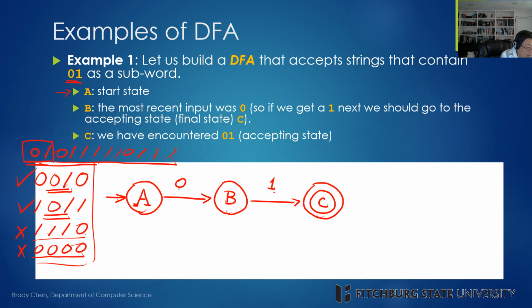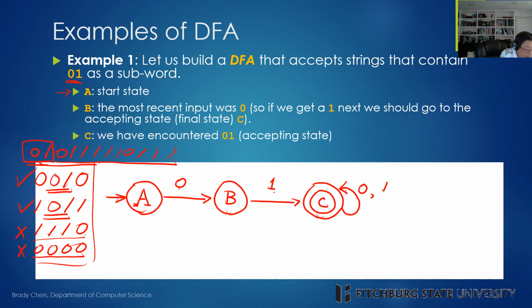Because it contains the 0, 1. So once you reach the accepting state, it doesn't matter what the follow-up input is. If it's 0 or 1, we will still land at the accepting state. So we can still stay in C. Now that's not the whole picture yet, right?